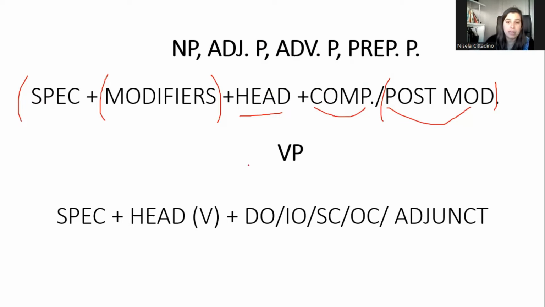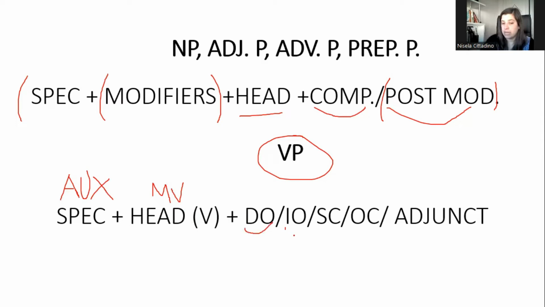Now for verb phrases, whenever you find an auxiliary verb, that would be the specifier. Then you will find the main verb and the head. The main verb is the main verb of the sentence. And followed by the main verb, you will find what?